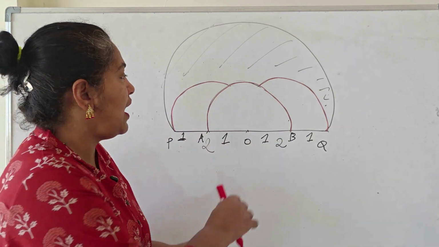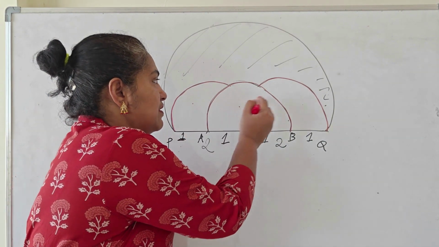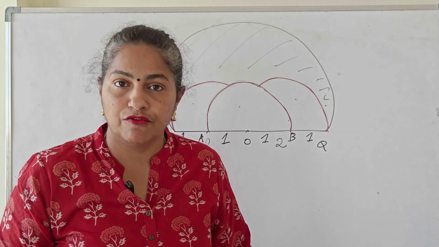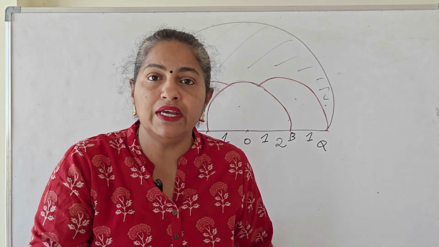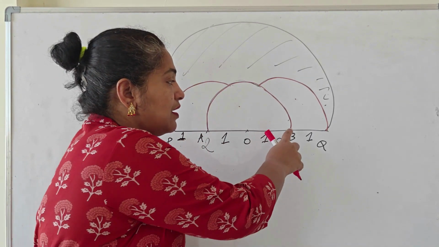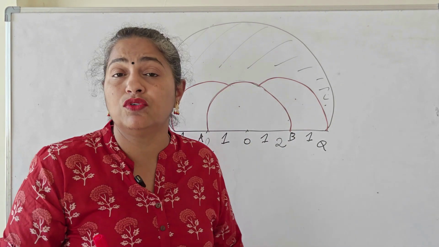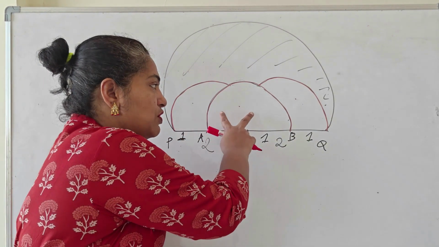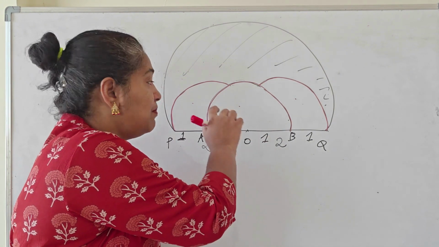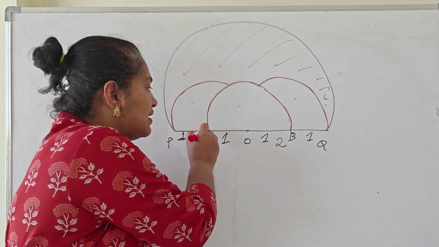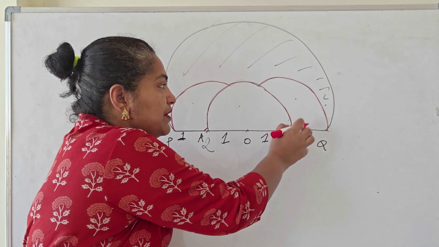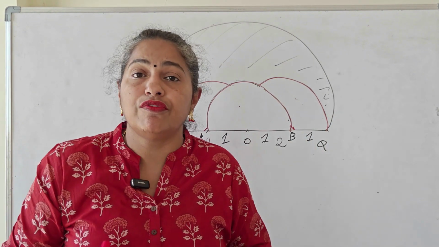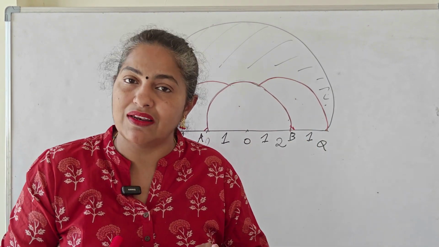From that area, I need to subtract the area of this and this. Now we have no idea about the angles that are contained by the sectors. If we knew the angle, we could have easily found out the area. I can easily find out the area of this particular circle, but I don't know the angle that is contained over here, and there is no way to find the area of that particular sector.